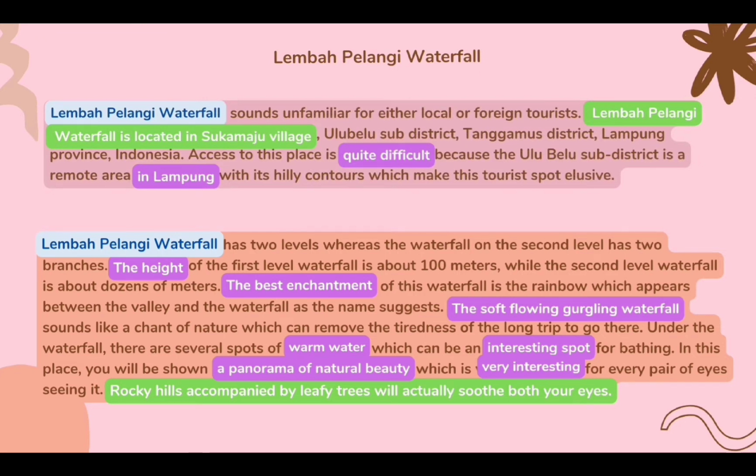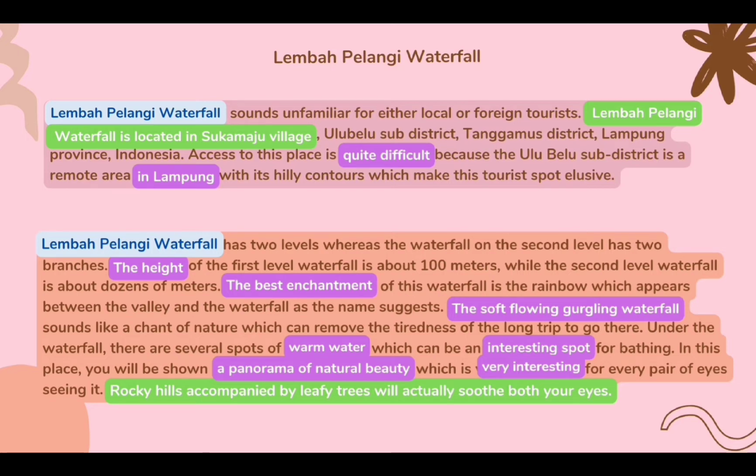And next, let's identify the language features. Look at the marked words that are examples of language features in descriptive text. The blue ones are to identify the object. It has only one particular object in the text.